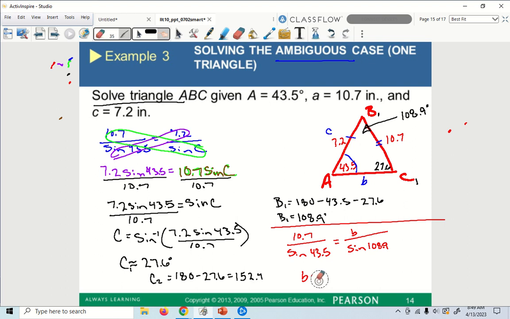I'm trying to conserve paper here. And then you guys are plugging in the calculator.